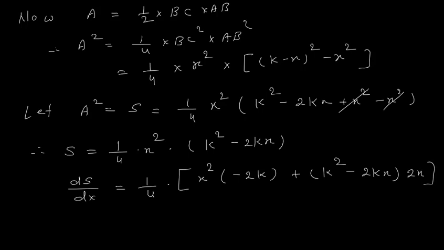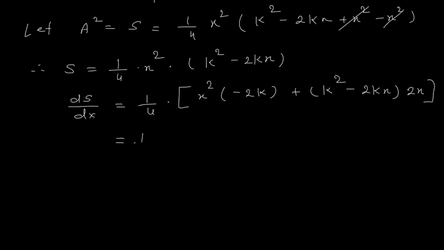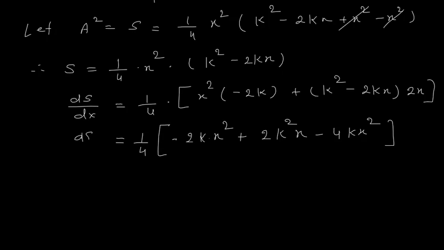So this is ds upon dx, which is 1 upon 4 into minus 2k x square plus 2k square x minus 4k x square. This is the value of ds upon dx.